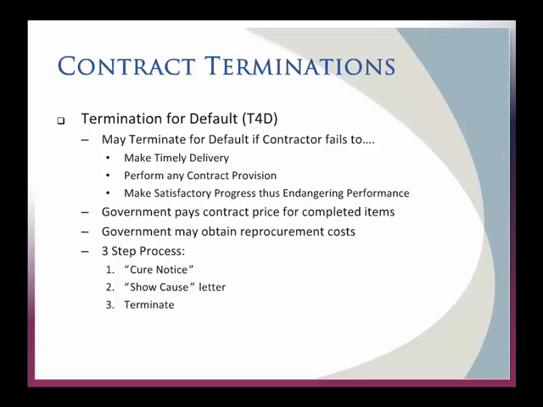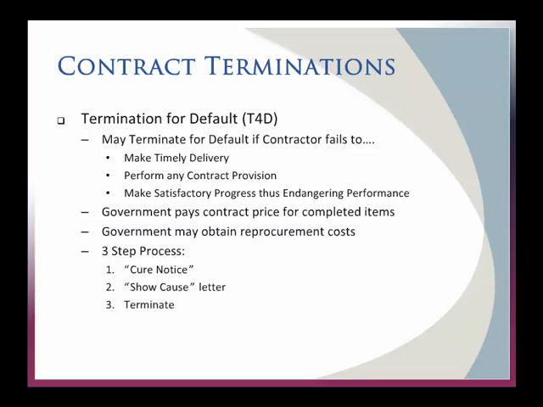The other thing to know about is a termination for default. So you can default when they're late, they're not coming up with their deliveries on time, they didn't perform something that they said that they were going to perform, they're not making satisfactory progress, that's endangering the performance of the overall program. So we still have to pay for what was completed. You don't get to not pay them at all just because they fell behind.